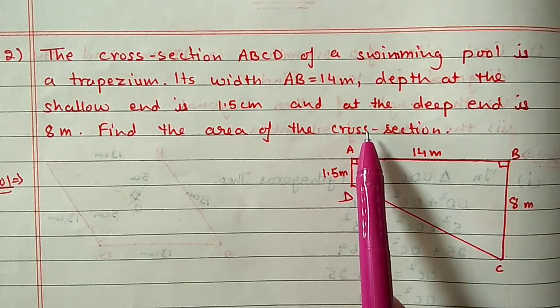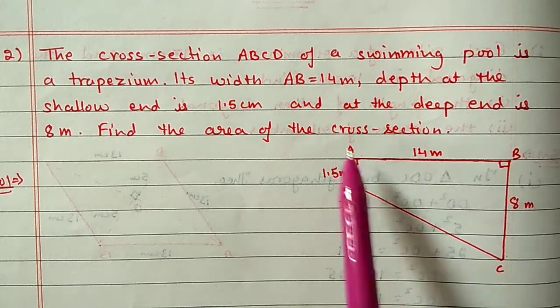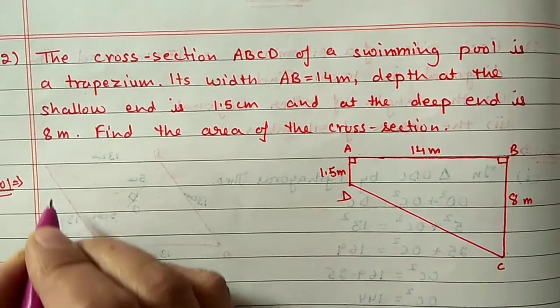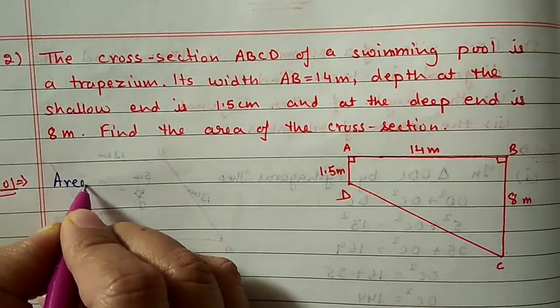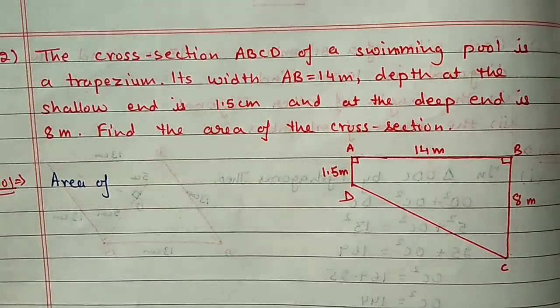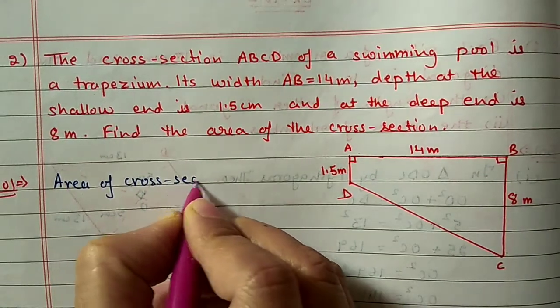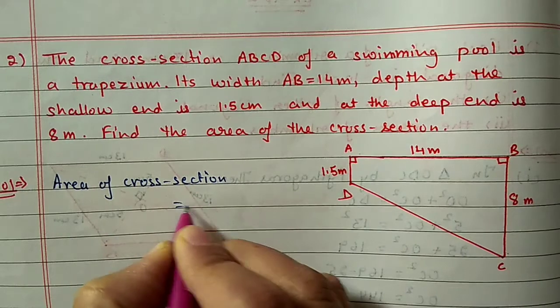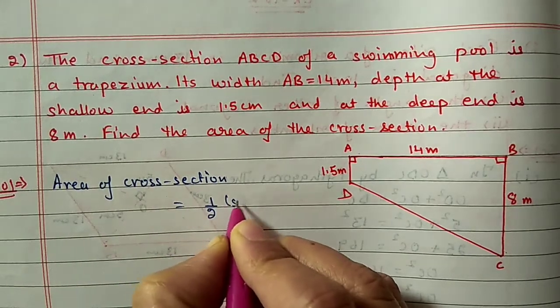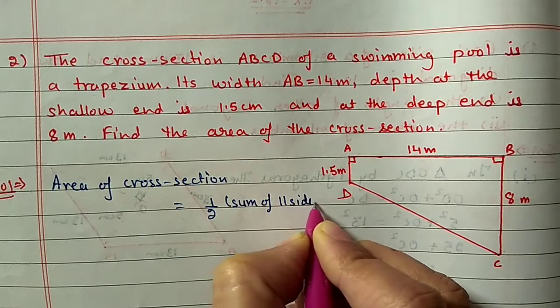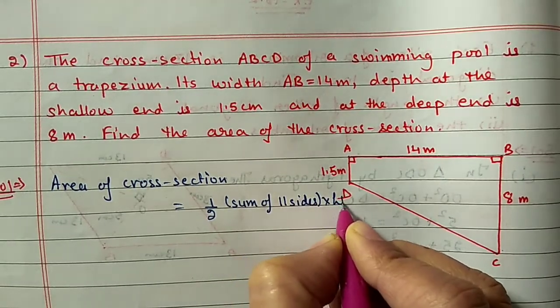Now to find out the area for this cross section, we will use trapezium formula because it is in the shape of trapezium. So area of cross section is equal to half sum of parallel sides into height.